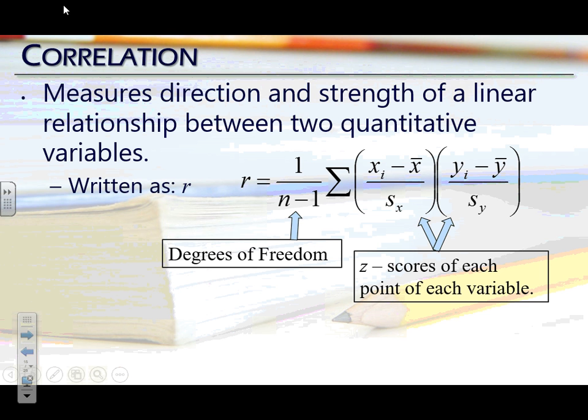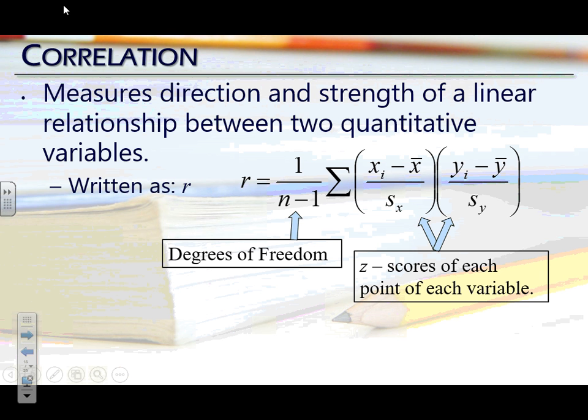So if I'm calculating z-scores for my correlation, what do you think my units for correlation are going to be? None. Correlation does not have any units. Okay, so when you calculate a correlation coefficient, you will not have any units attached to it. When you get your value, it's going to simply be that value and that's it. No units, no matter what you had in your problem.